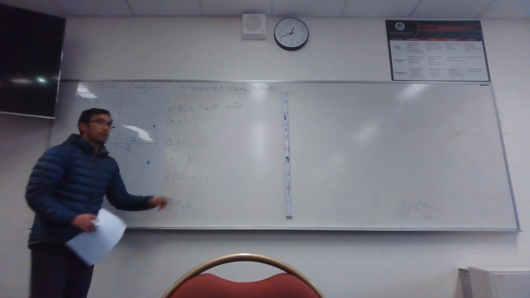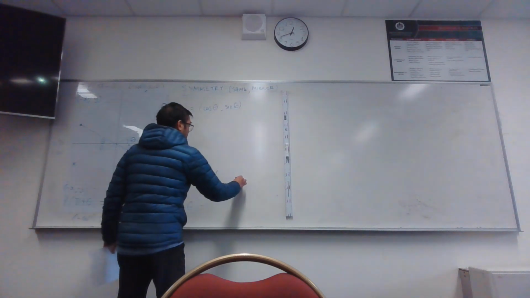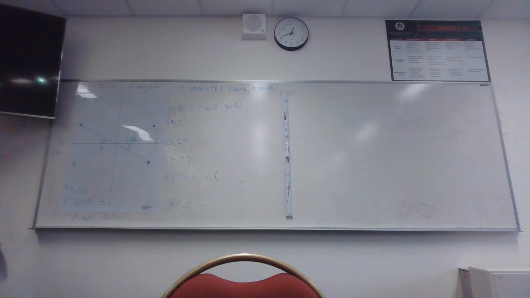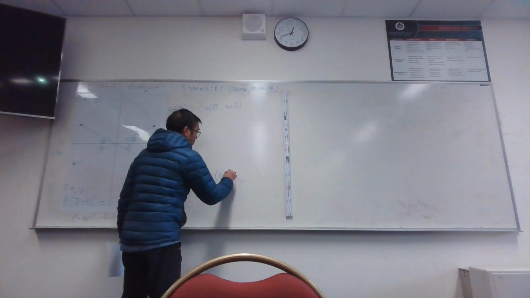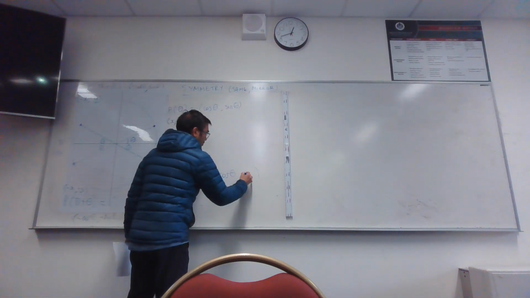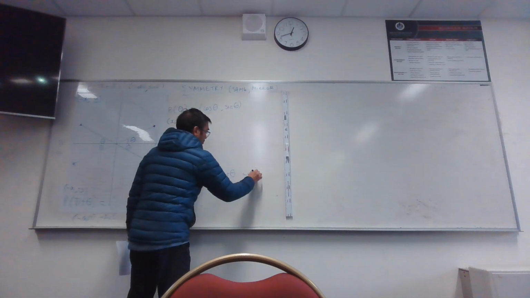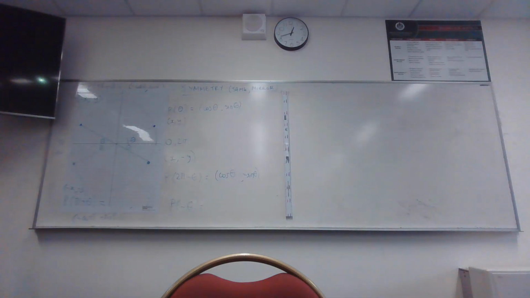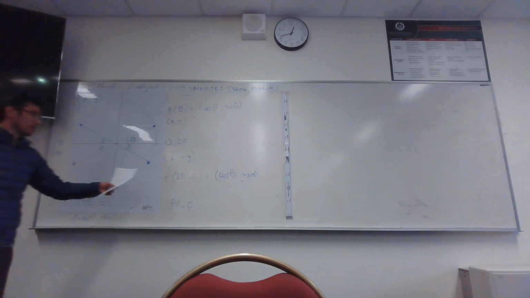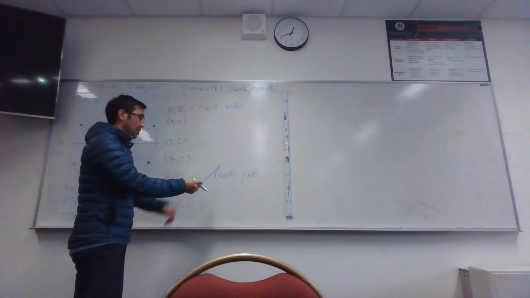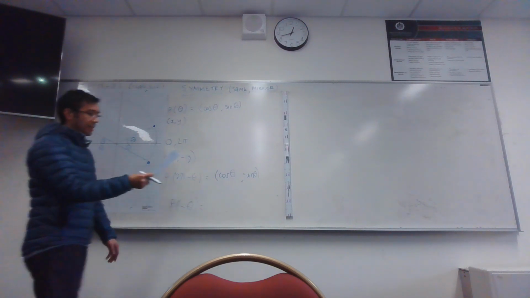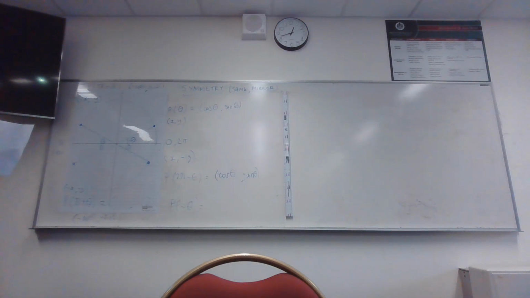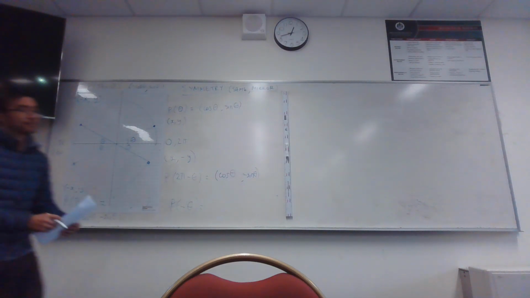What about here, Maya? This one here. Cosine and negative sine. Good. And likewise the same with negative theta, which we'll get into in a second. We'll do that later. Okay, good.